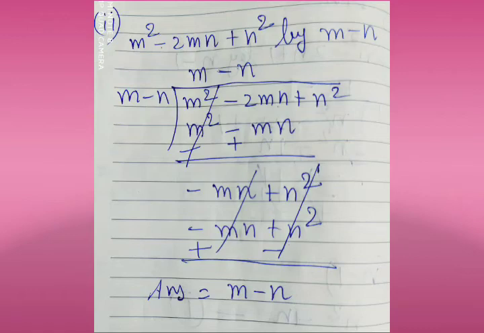Okay, means when we will multiply m minus n with m, we will get m square. Clear? So we will multiply. So after multiplying, we will get what? M square minus then mn. Clear?